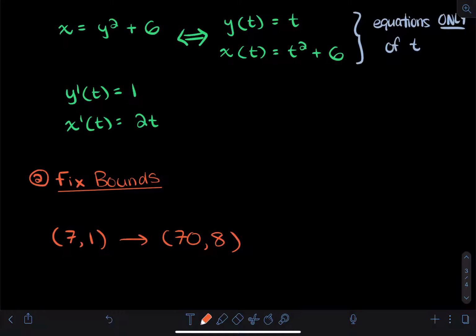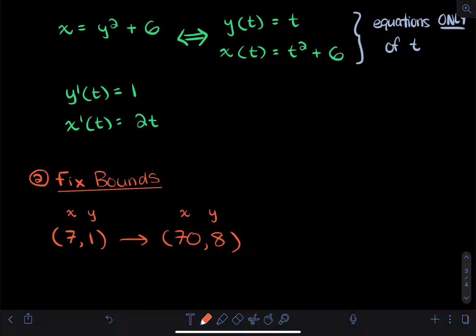But this is just more information for us to work with. So the (7, 1), as we know, is referring to x and y, and then another x and y. Now this would be very useful if we were integrating some sort of function with x's or y's. But remember, we're not. We're trying to convert it to an integral of t. So we want to know bounds in terms of t.